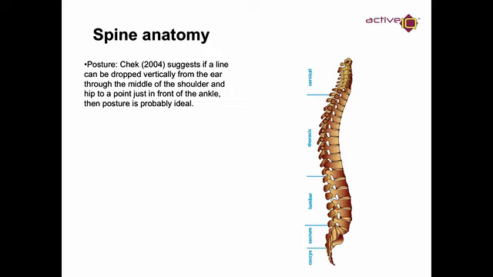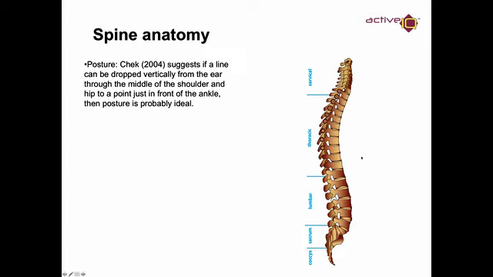So just to break those down and give them their correct terms, the curves in the lumbar region and in the cervical region are what we call concave curves. That means they are curving forwards.